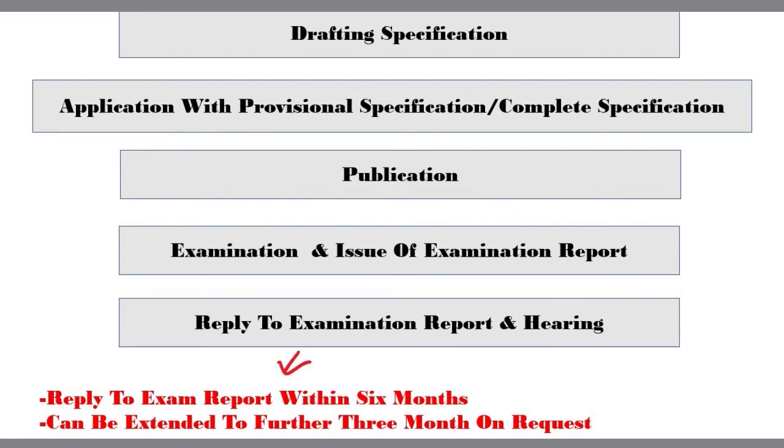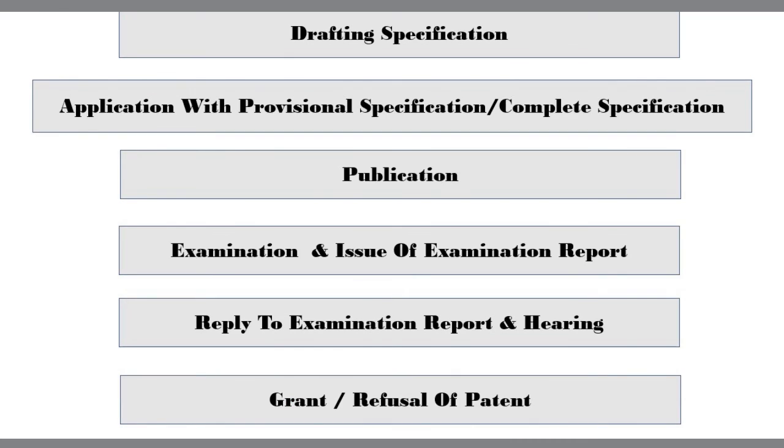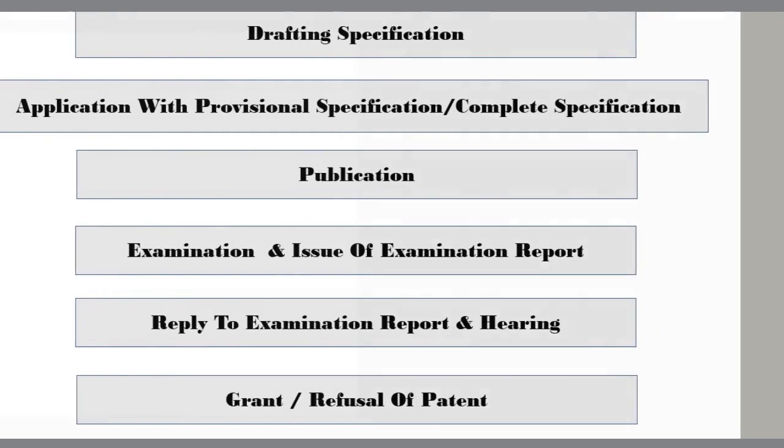Now, on addressing the objections raised by the Patent Office and carrying out any necessary amendments if required, the Indian Patent Office grants the patent by assigning a specific serial number. So this is in brief the patent registration process followed in India.